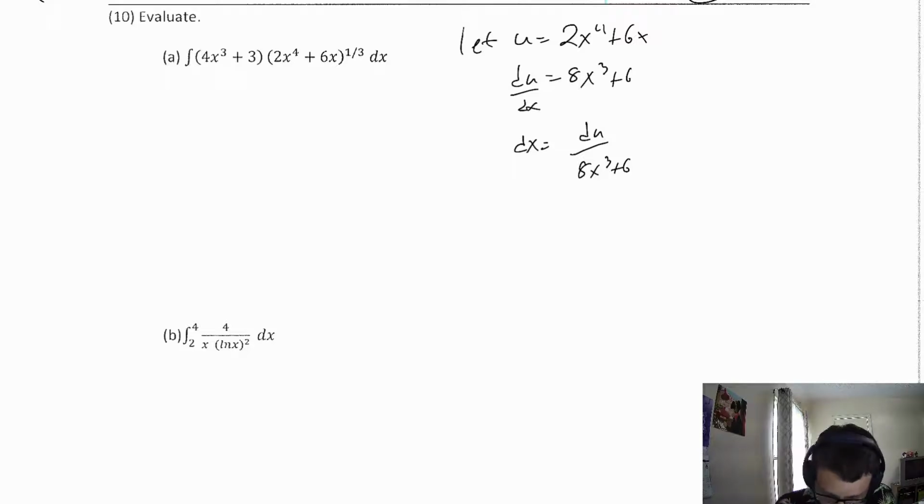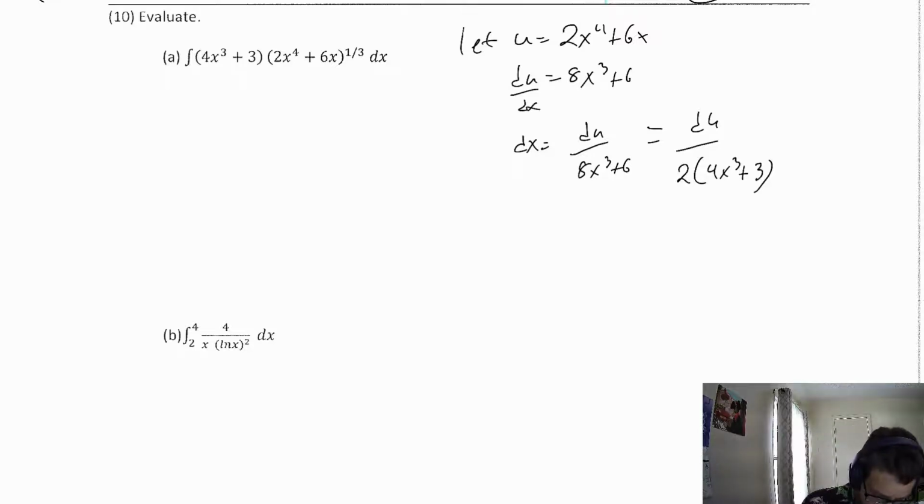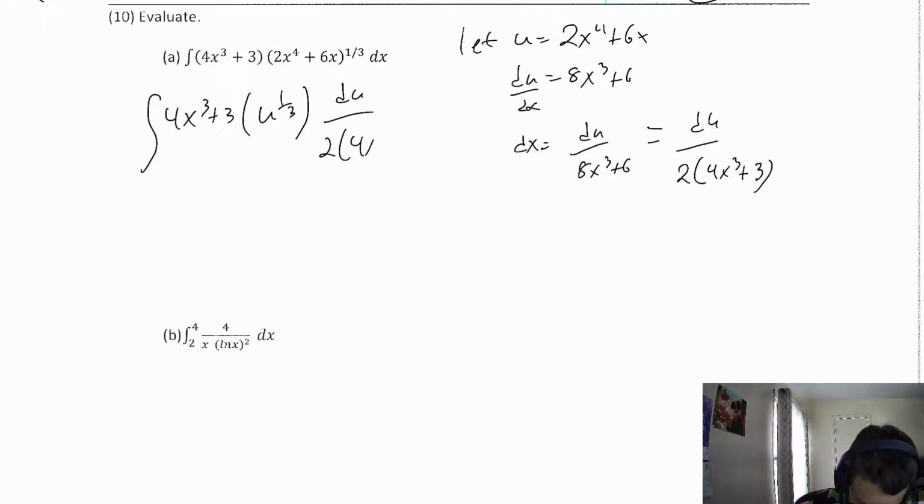And what we can do is factor out a 2 here. And doing so, if we rewrite our integral, we have the integral of 4x cubed plus 3 times u to the 1/3 times du over 2 times 4x cubed plus 3. Now we get the cancellation that we know and love from u substitution.